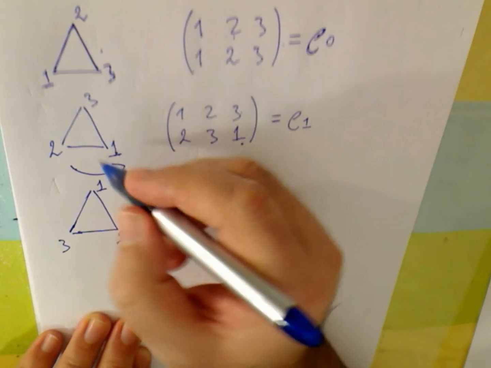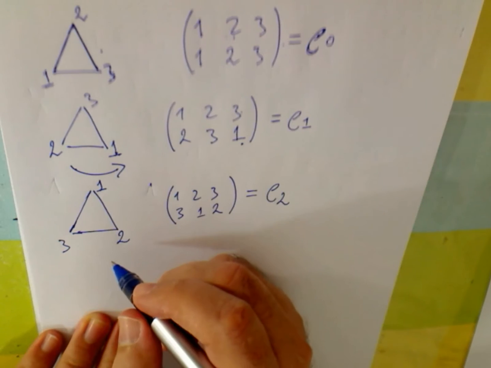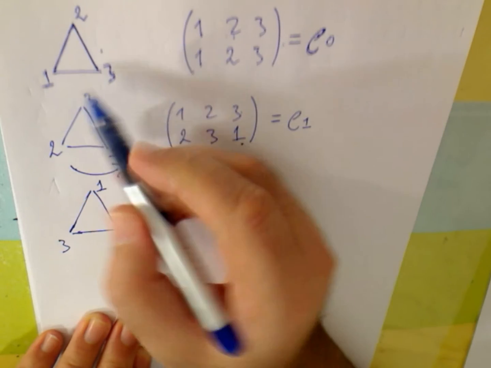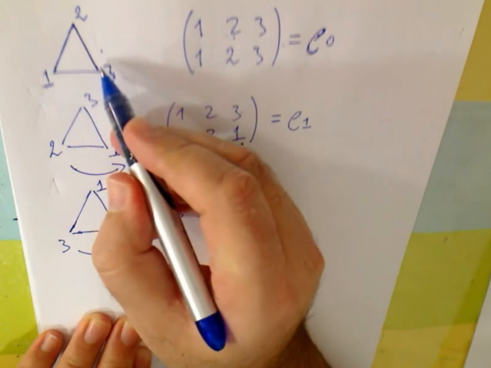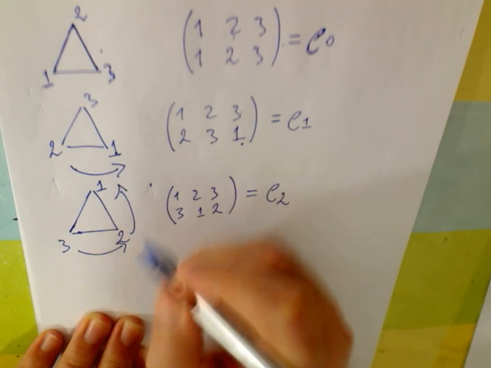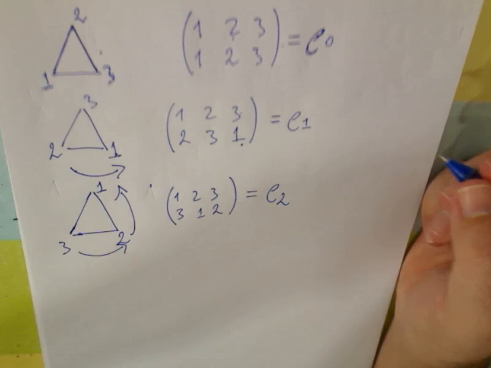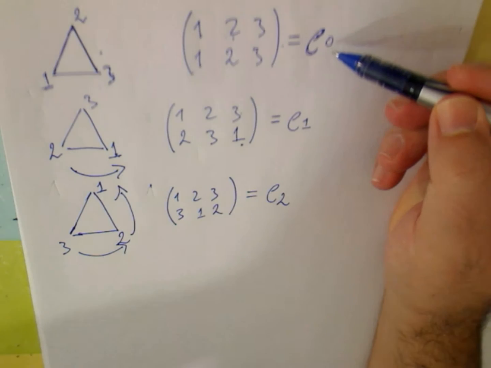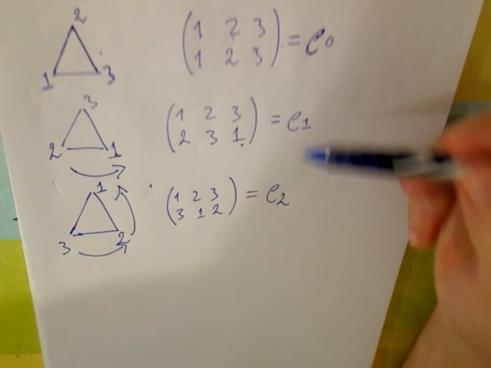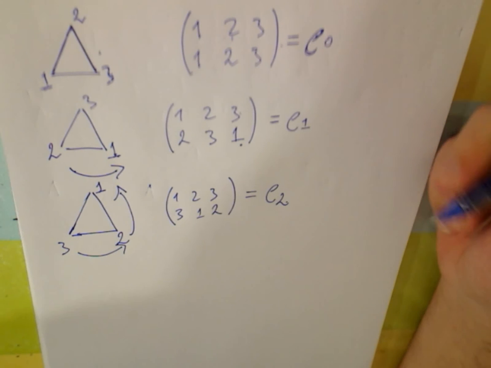So it's another rotation. If you look at this one, I took one rotation and then a second rotation, in a certain way a composition of rotations. I call the first one R0, this one R1, and this one R2.